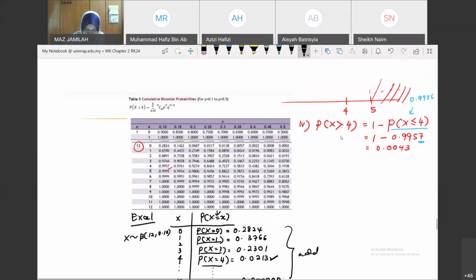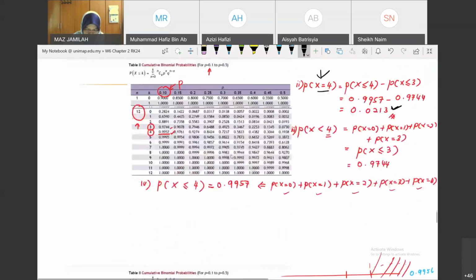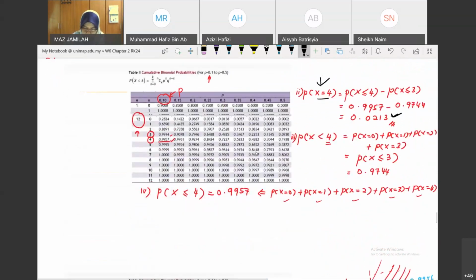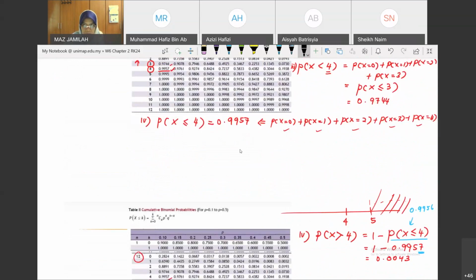Now, let us finish with the question so that you will get a clearer picture of all the calculation that you need to understand. Afterwards, when we go into Poisson and especially the normal distribution for continuous probability distribution, which is more complex than binomial and Poisson, the concept of less than, greater than, and so on is very important for you to answer.